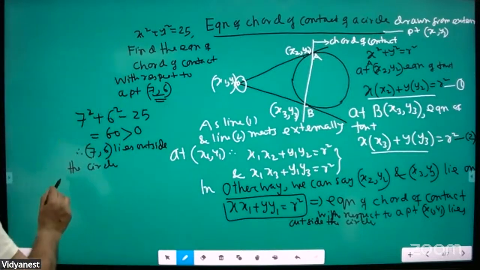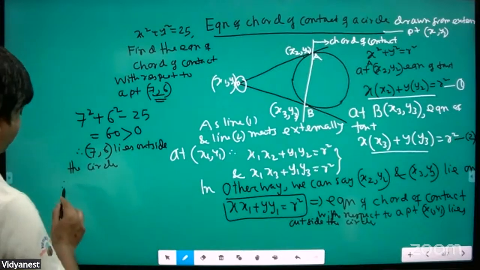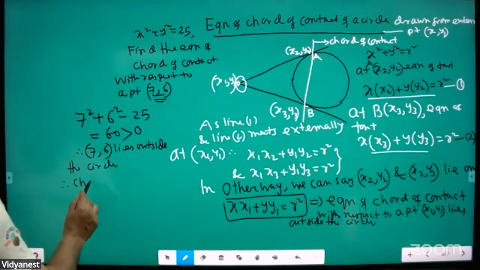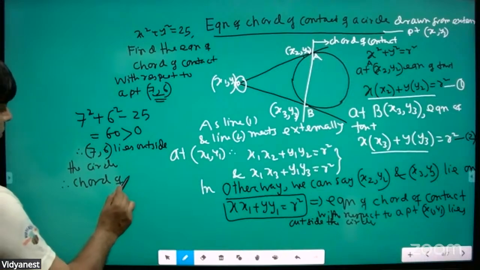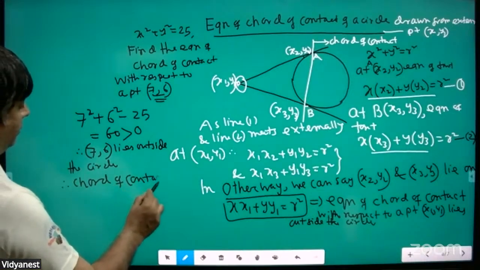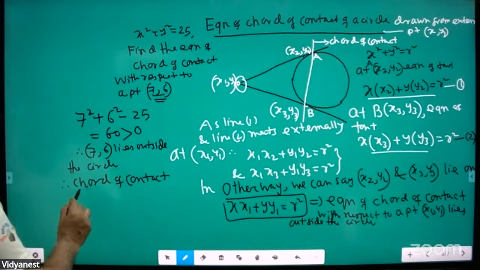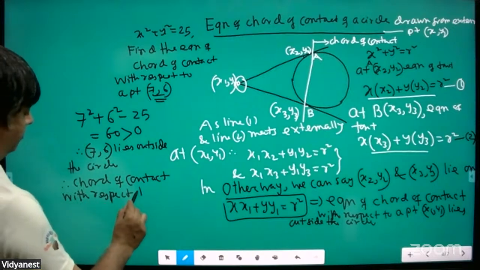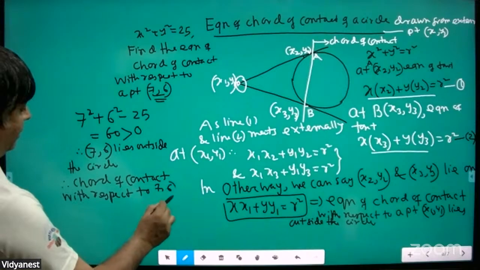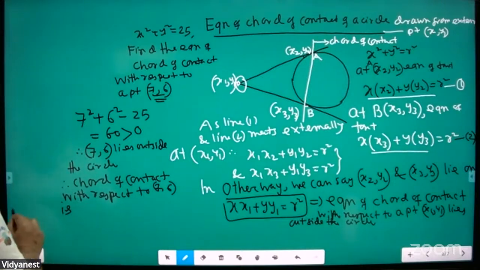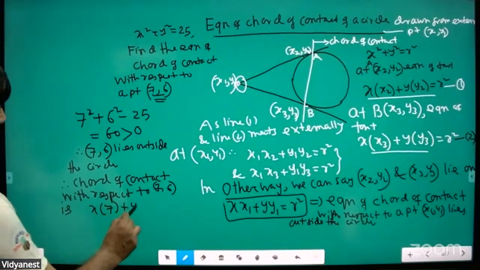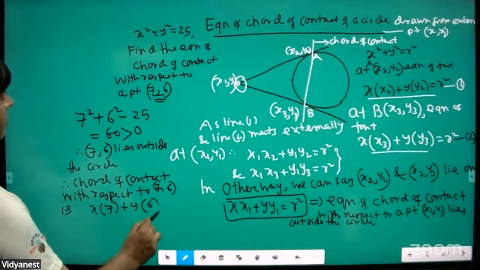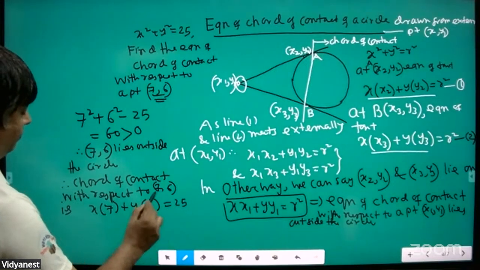So, chord of contact, we have the formula. Therefore, the chord of contact with respect to (7, 6) is x into 7 plus y into 6 is equal to 25.